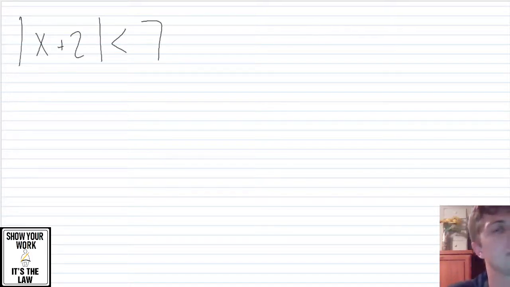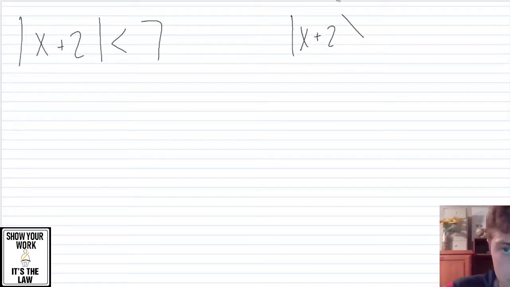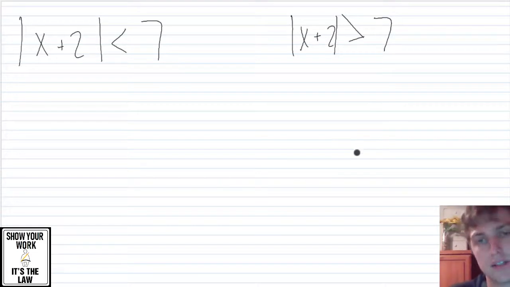So we can have x plus 2 is less than 7 or less than or equal to 7. Doesn't really make a difference right now. And we also have the absolute value of x plus 2 is greater than 7. So let's take a look at our parallel universes.